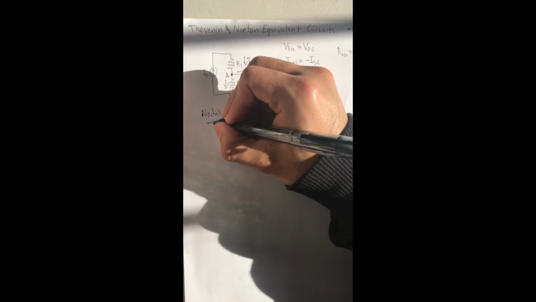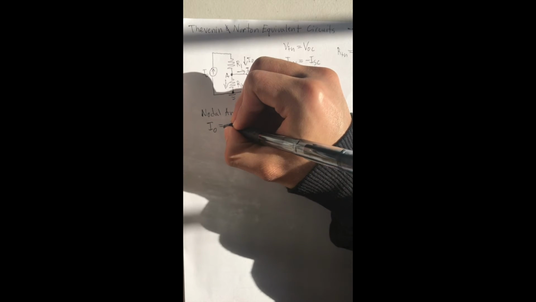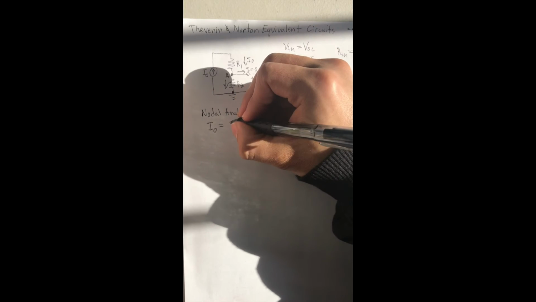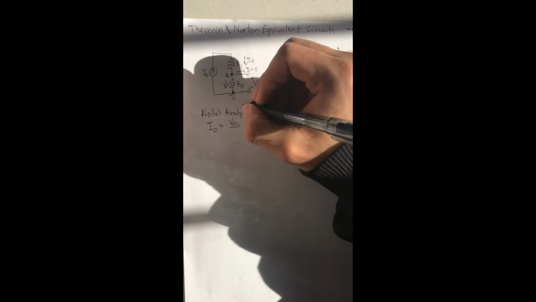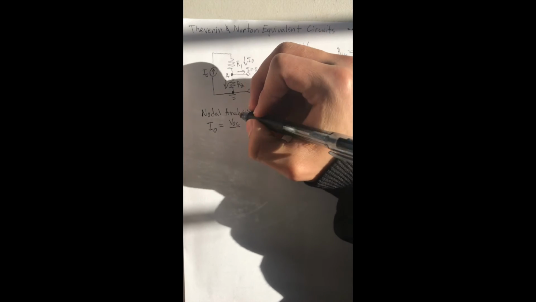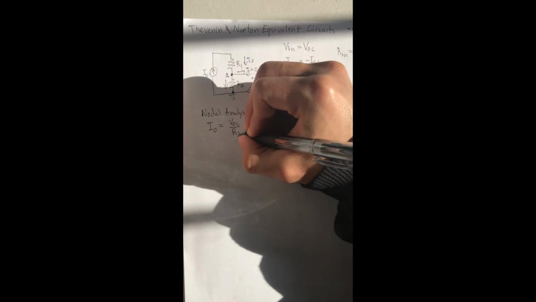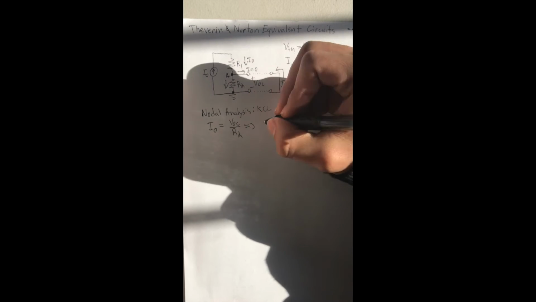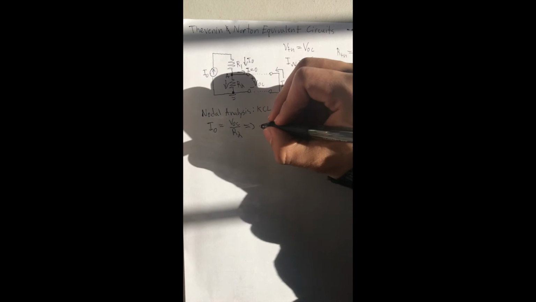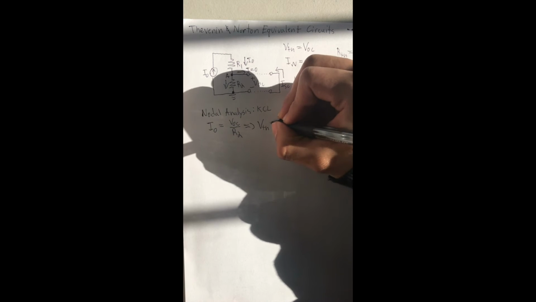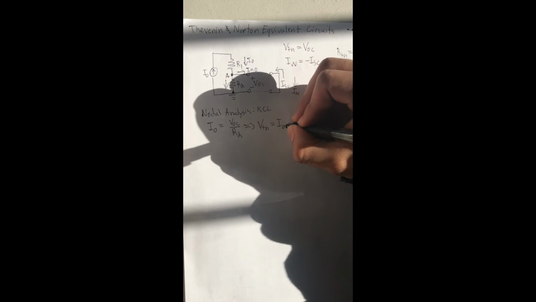So we have I naught is equal to the open circuit voltage, because that's the voltage at this node, over R2. And since V Thevenin is equal to the open circuit voltage, we have V Thevenin equals I naught times R2.